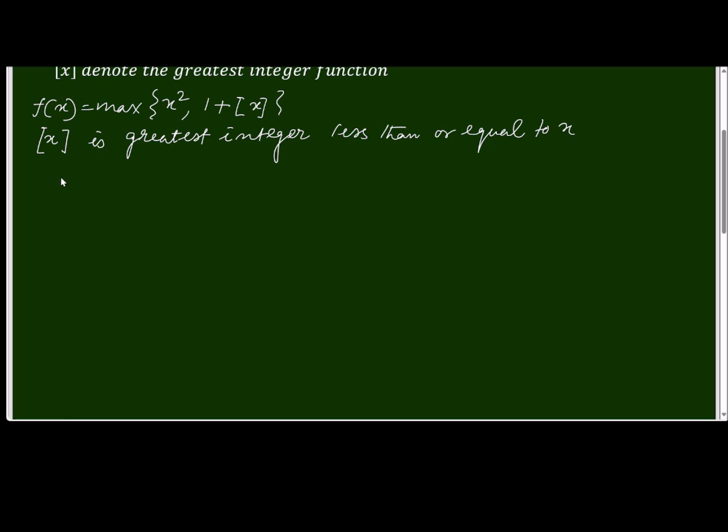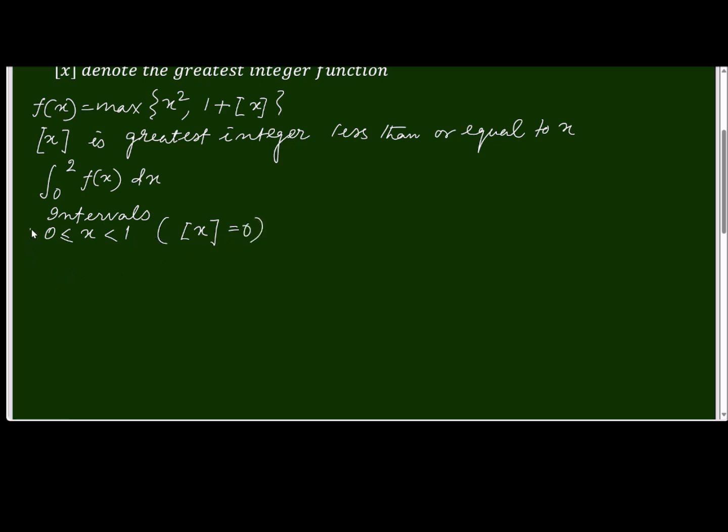This is the integral from 0 to 2 of f x dx. So let us write the intervals. The first interval is 0 to 1, that means x is greater than or equal to 0 and less than 1. At that time the greatest integer function value equals 0.